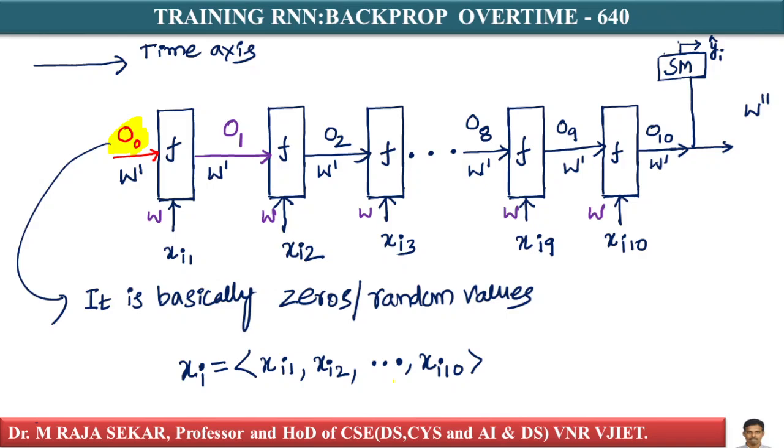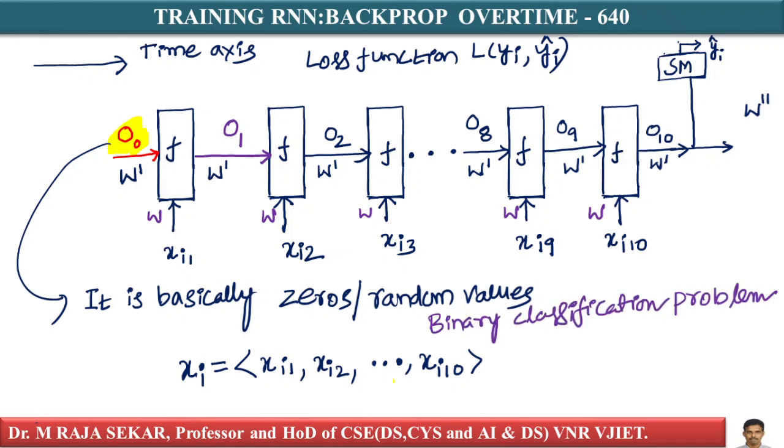When I have my yi cap, I also have a loss function, which takes yi and yi cap. My loss function L is a function of yi and yi cap. Our example problem is a binary classification problem, so I can use a simple binary log loss.